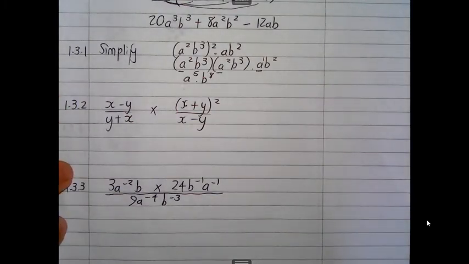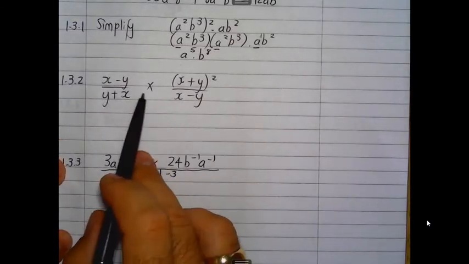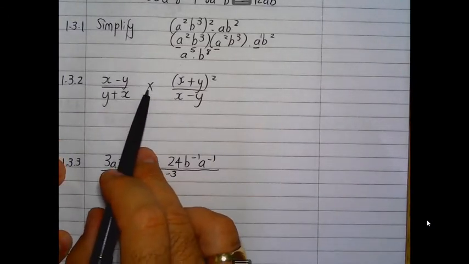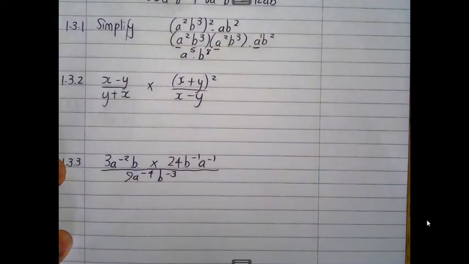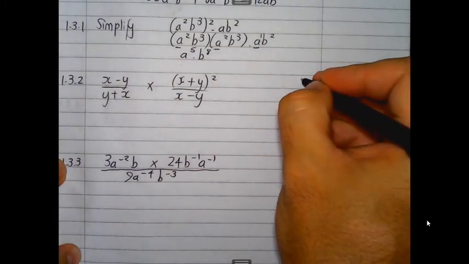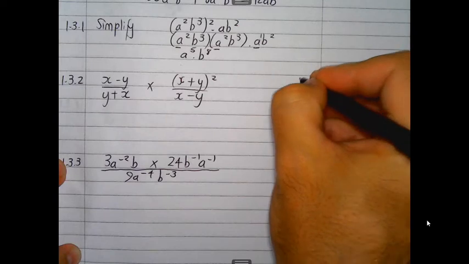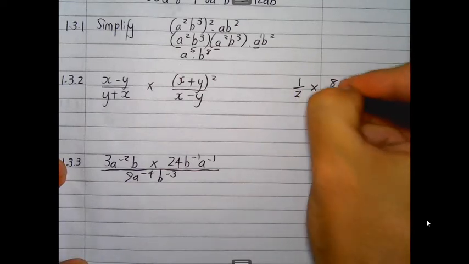1.3.2 now involves fractions. But it's important to note that these fractions are being separated by a times sign. So this whole sum is actually only one term. If you recall from back in the day, primary school, let's say, if you had 1 over 2 times 8 over 10.